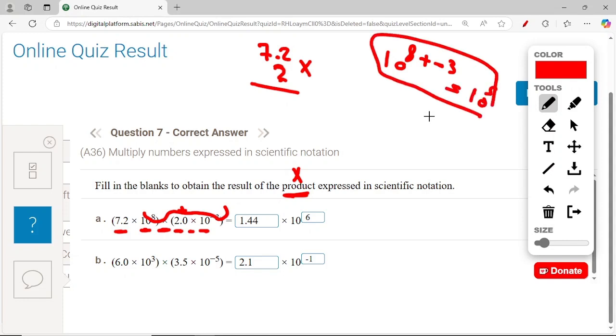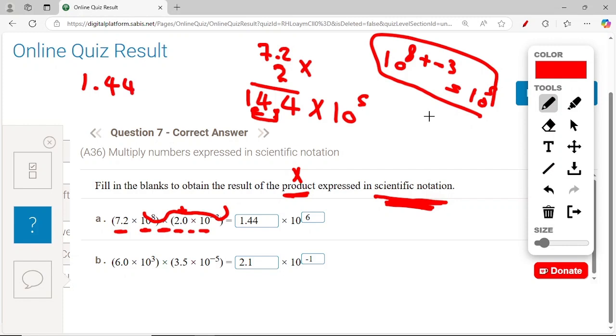And for 7.2 multiplied by 2, it will be 14.4 multiplied by 10 to the power of 5. Okay, here he wants it in scientific notation. So for this number I have to move the decimal point to the left to be 1.44.